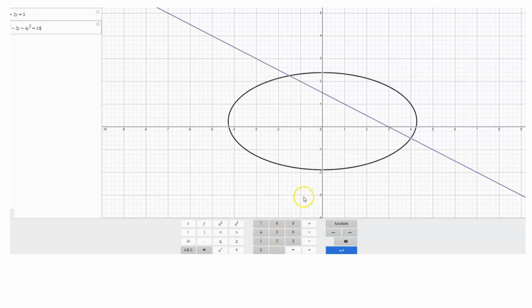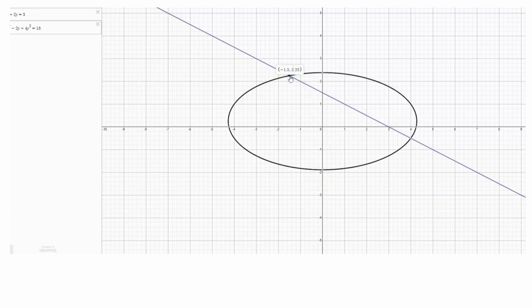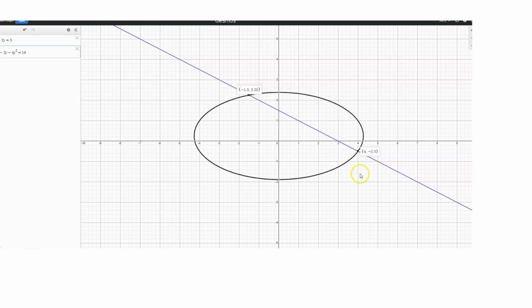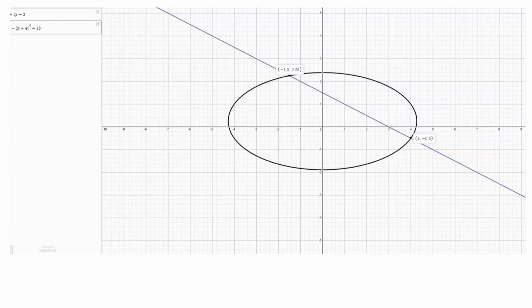So the point of intersection we said was the solution for the equation. So here the first solution there is minus 1.5 and 2.5, which is consistent with our value in our calculation. And the next point of intersection here is 4 and minus 0.5. Also consistent with our solution.